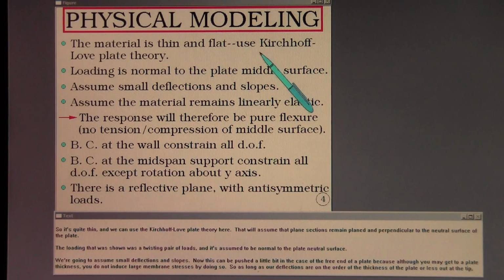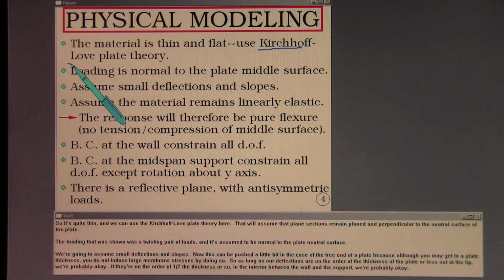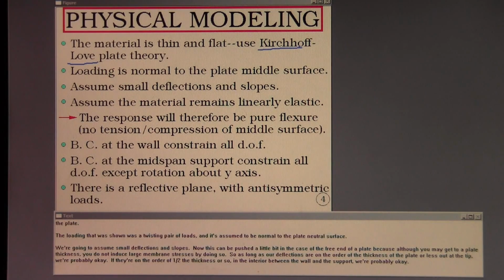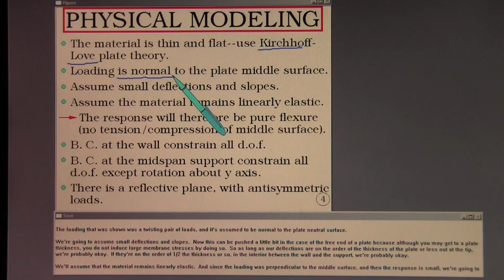And we can use the Kirchhoff-Love plate theory here. That will assume that plane sections remain plane and perpendicular to the neutral surface of the plate. The loading that was shown was a twisting pair of loads, and it's assumed to be normal to the plate neutral surface. We're going to assume small deflections and slopes.